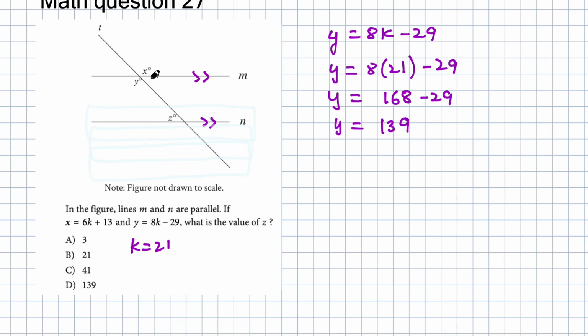Okay. Now let's see what is the relation between y and c. Now y and c, they both are on the left hand side of the transversal. What is a transversal? If we have two parallel lines like this and a line is intersecting these two parallel lines, that is known as a transversal.